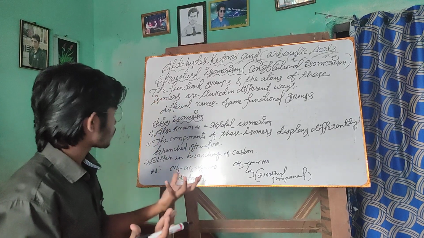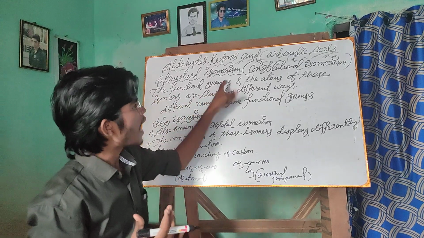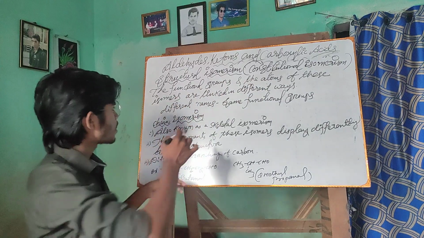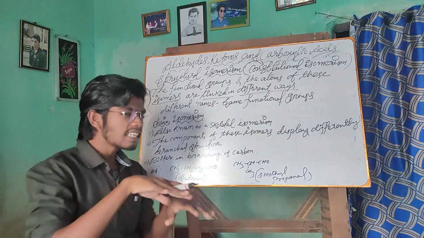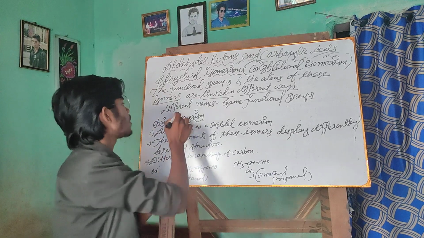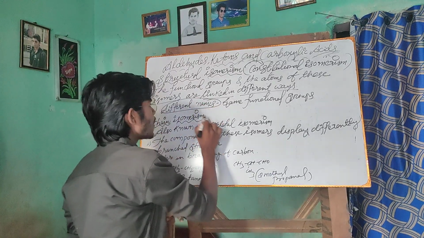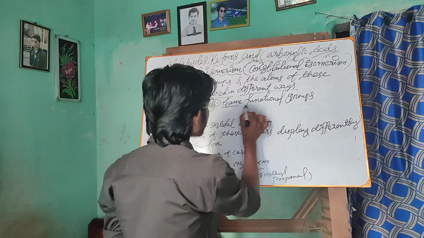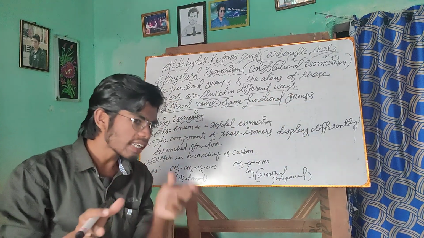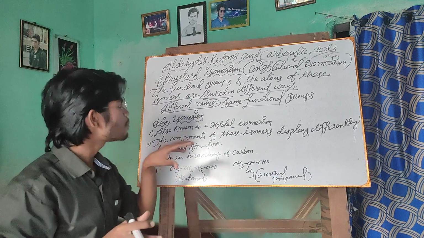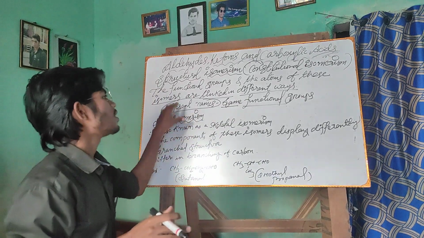It is a phenomenon in which the functional groups and the atoms of these isomers are linked in different ways, and these are assigned different IUPAC names because these may or may not contain the same functional groups.